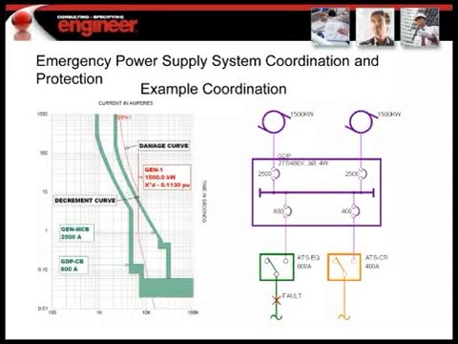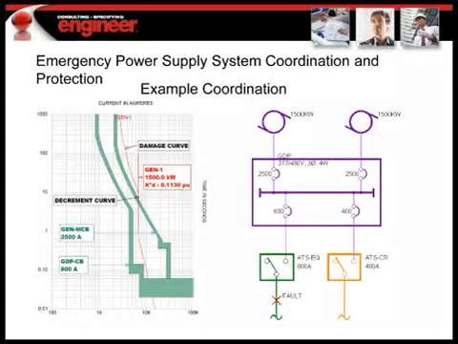It's on the left side of the decrement curve the whole time, and it always will react before the generator breaker. But for whatever reason, if that breaker didn't work and didn't react, the generator breaker would be there to protect the generator before it got damaged. That's pretty much it in a nutshell to protect generators.